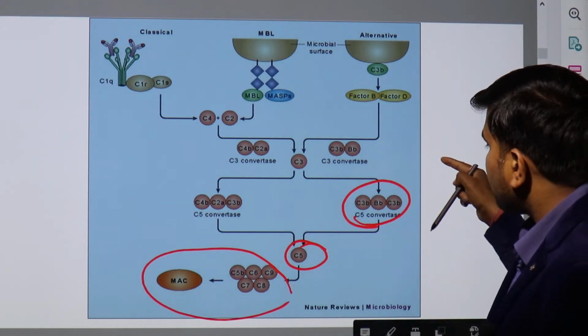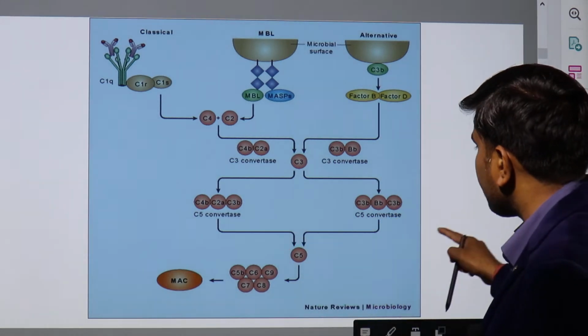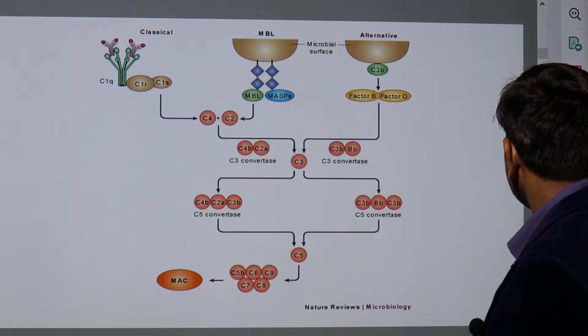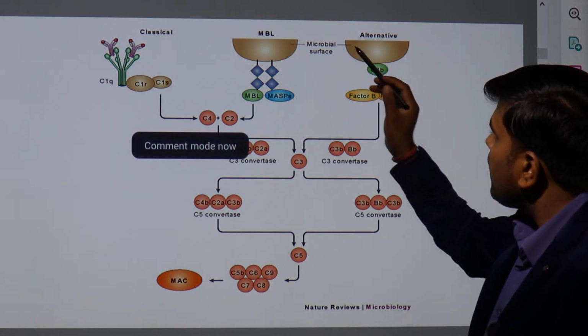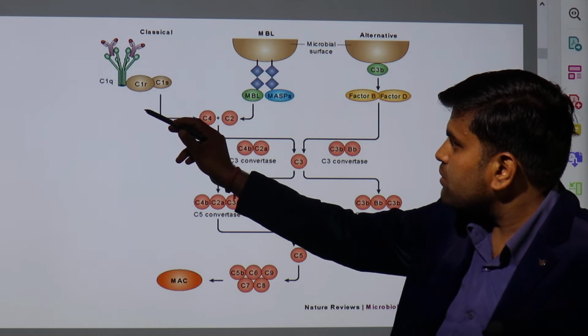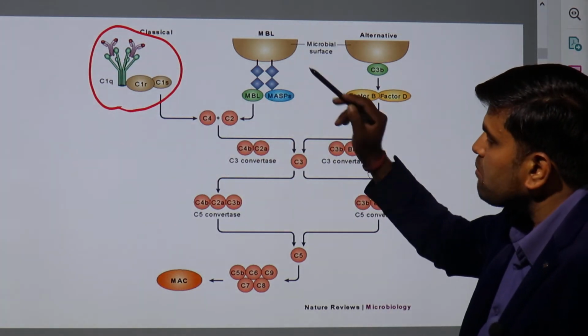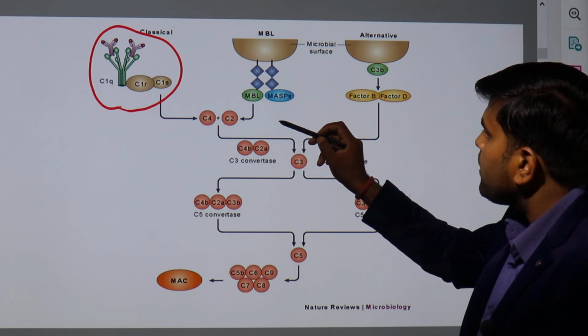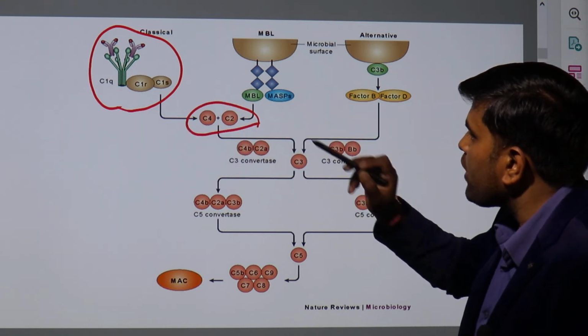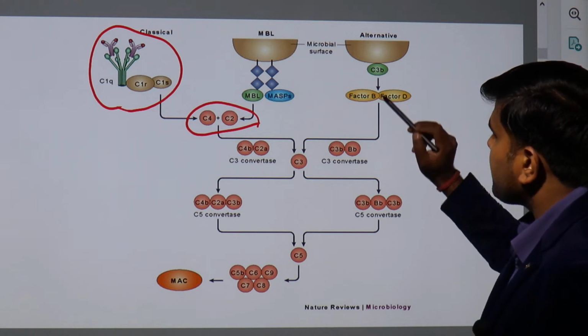So alternative pathway, or say lectin mannose binding pathway. So what is the main point? The lectin mannose pathway or a classical pathway. In the classical pathway, there was antigen antibody and this C1 protein which was not required in the mannose binding protein pathway. In the mannose binding pathway, there was activation of C4 and C2 which was not required in the alternative pathway.